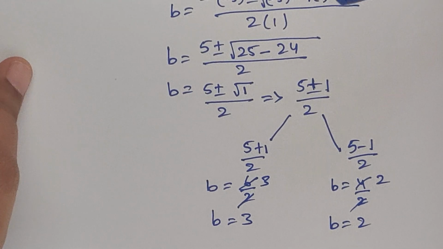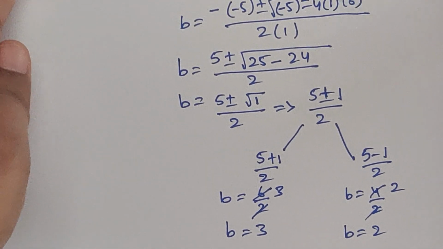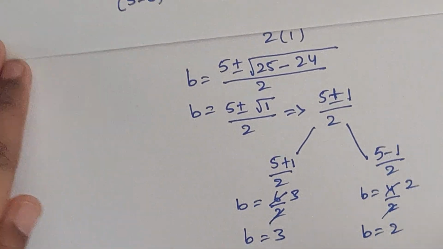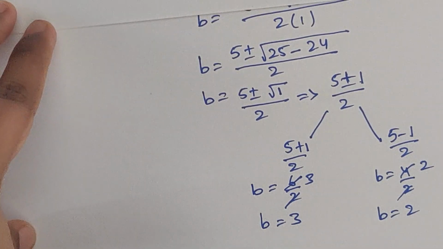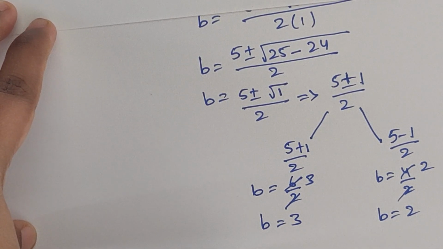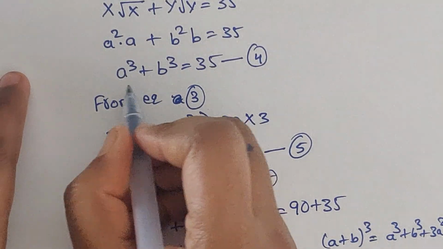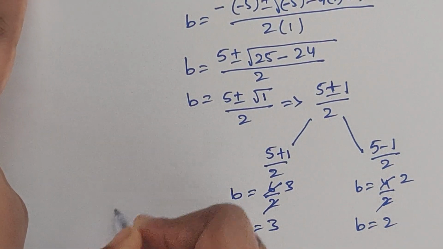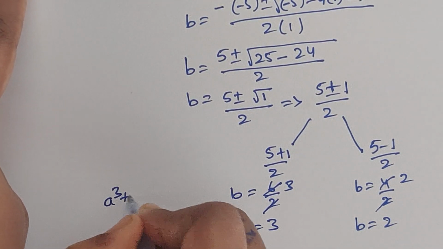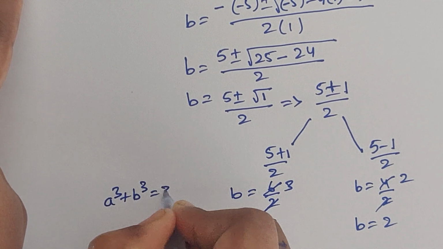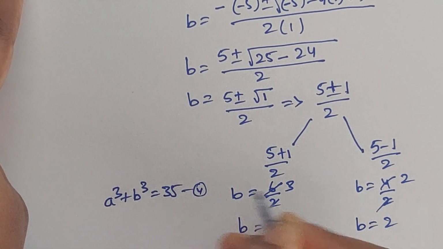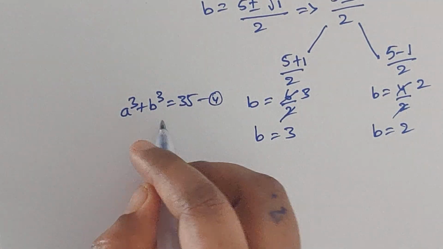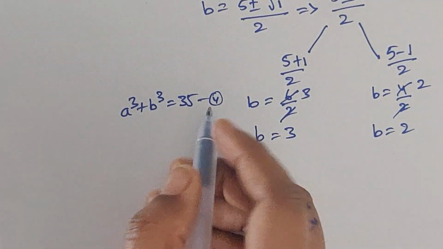Now we have to find the value of a. So right here, equation 4: a cube plus b cube equals 35. This is equation 4. So just substitute the value of b in this equation, and we will get the a value.